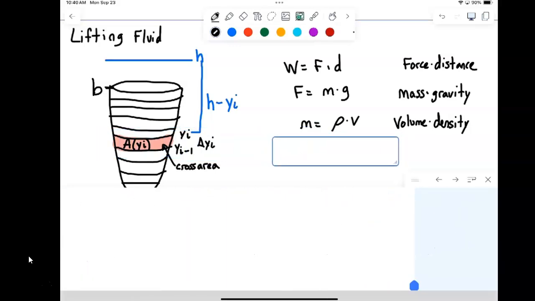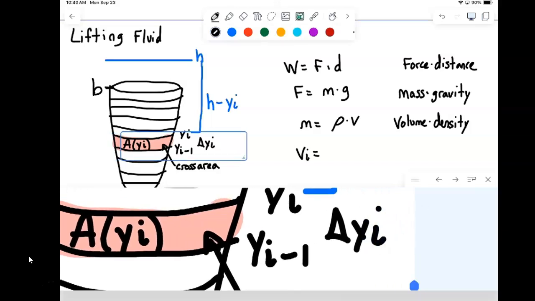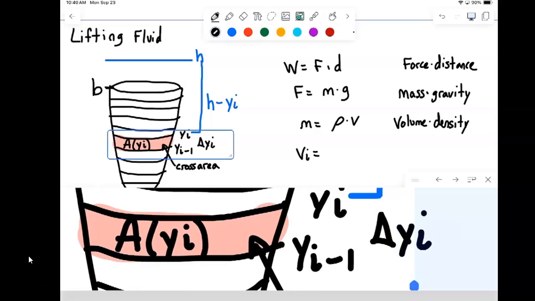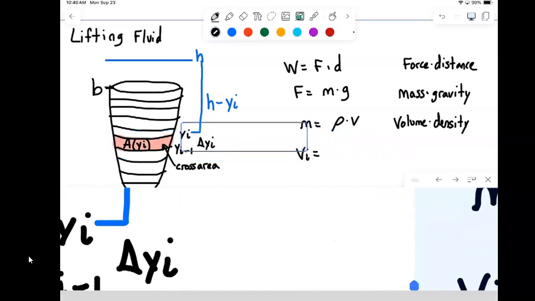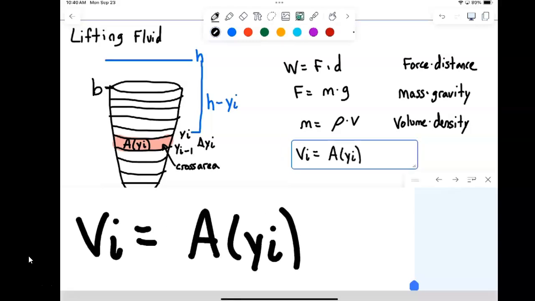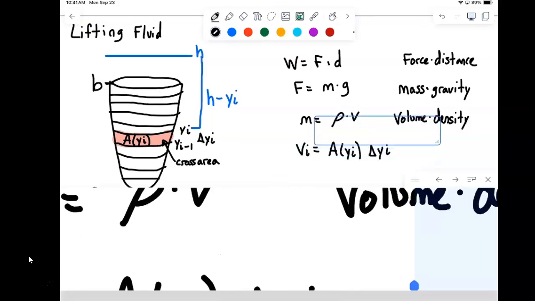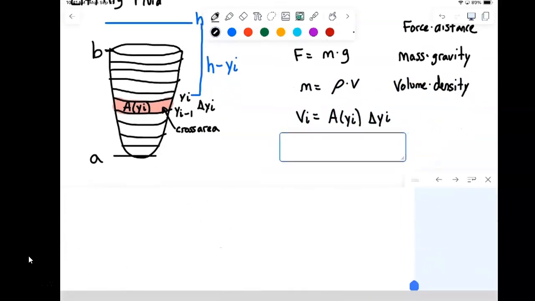So we start by working out the volume of this thing. The volume is approximately the area of the cross section times the width, the height. In other words, we find a function for the area of the cross section times delta yi. Then if we multiply that by the density of the fluid, we will get the mass.